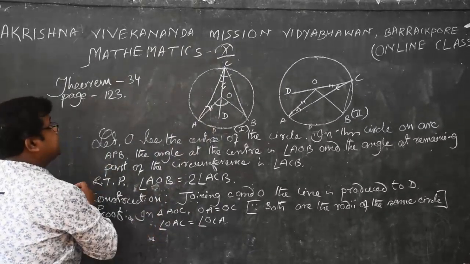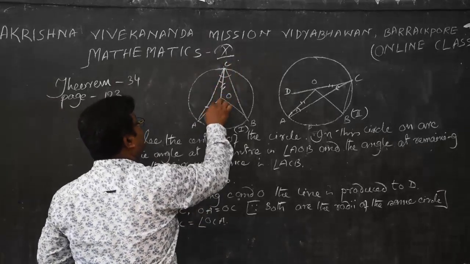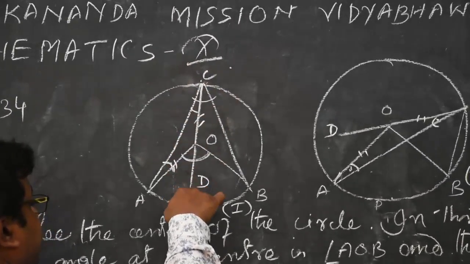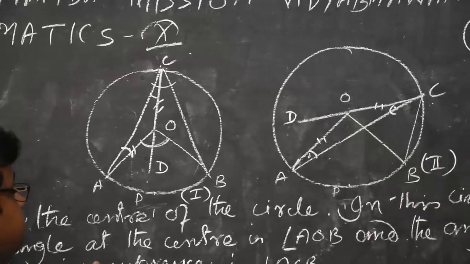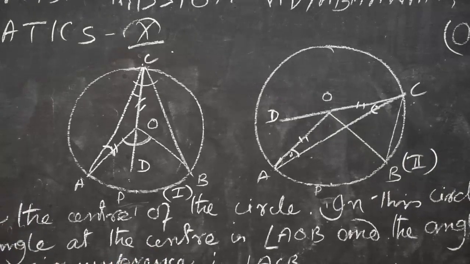Now side CO of triangle AOC is produced to D. We have done this in the construction. Clear?